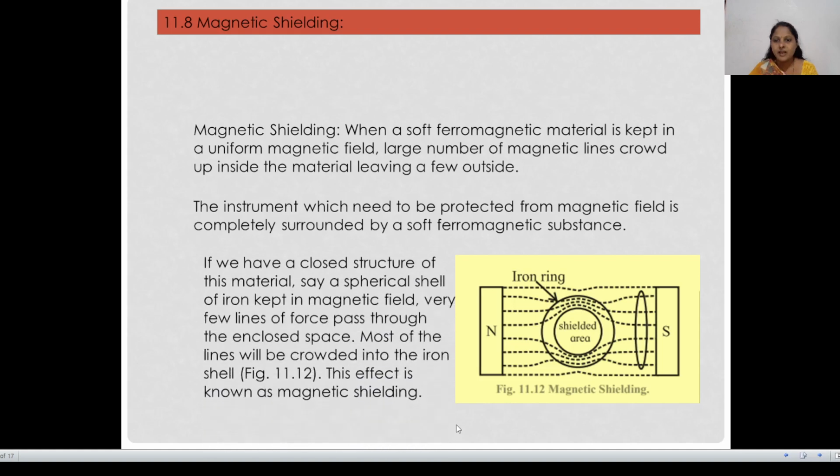If we have a closed structure of this material, say a spherical shell of iron, in the magnetic field, very few lines of force pass through the closed shape. Most of the lines will be crowded into the iron shell, as shown here. This effect is known as magnetic shielding, and that is an application of the magnetic material.